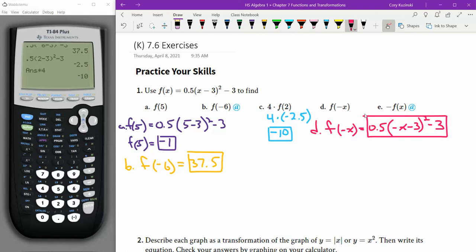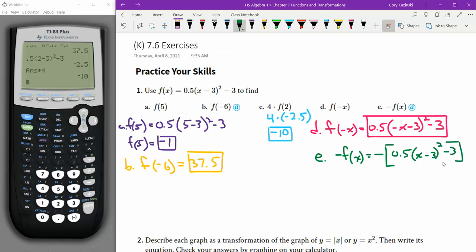Let's label this E or D. Let's do E. That would mean we're doing the opposite of f of x, which would be the opposite of all of this. So maybe I do the opposite of 0.5 times x minus 3 squared minus 3.